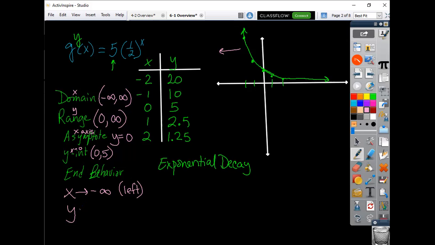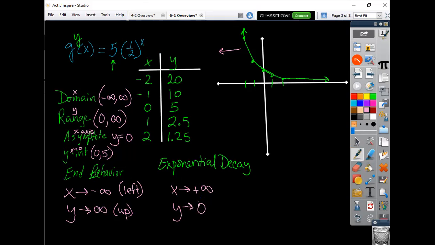So my y goes to positive infinity, which is like up. And on the right side, as x goes to positive infinity, what's happening out there? When you go forever to the right here, my y is going to 0. And those would be your end behaviors.